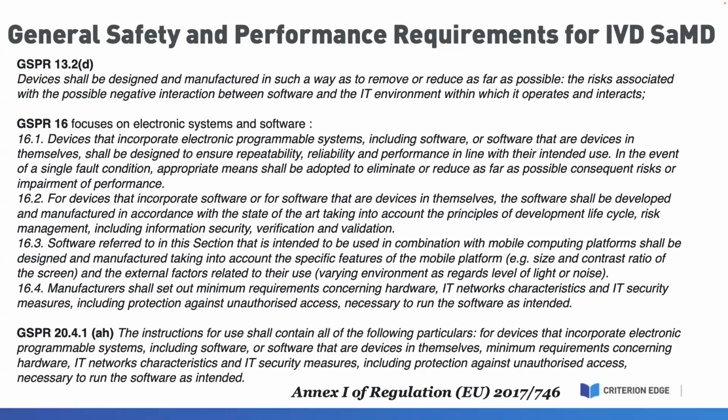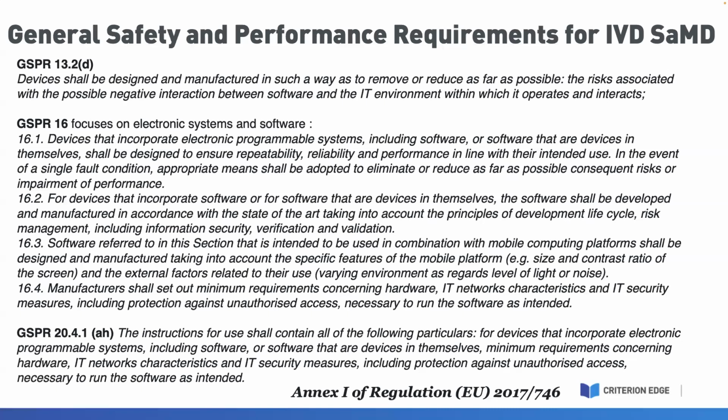And then the final one is GSPR 20.4.1, which is addressing the information required in your IFU, your instructions for use. And it requires that the instructions for these devices with electronic programmable systems, including software, meet the minimum requirements concerning hardware, IT networks, and IT security measures.